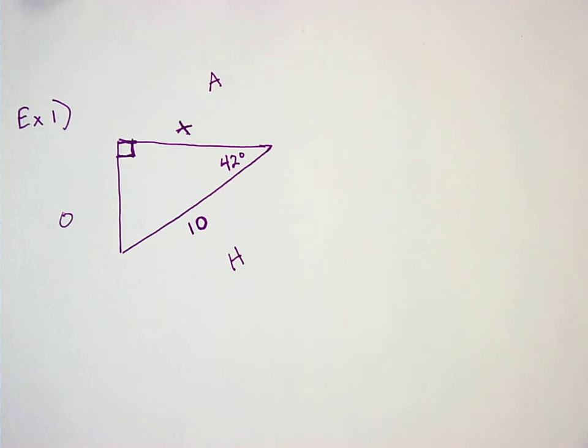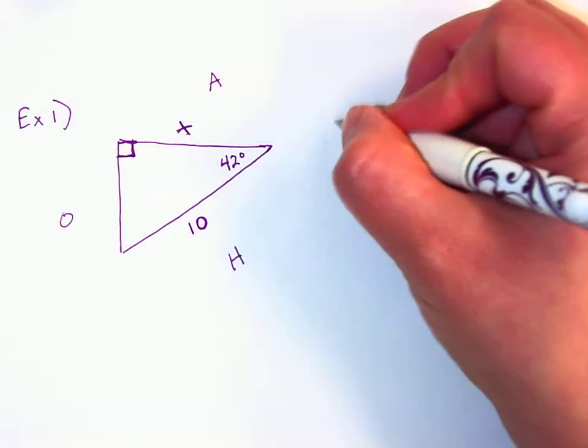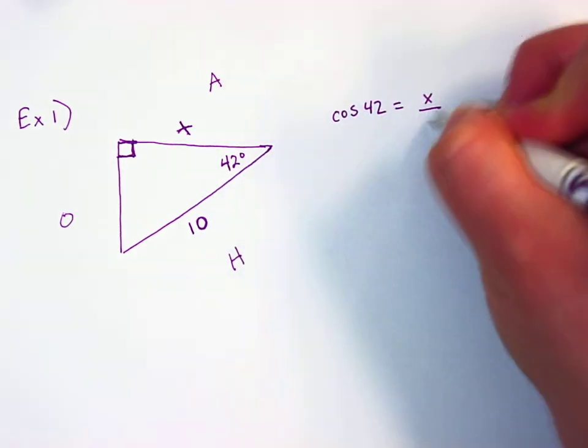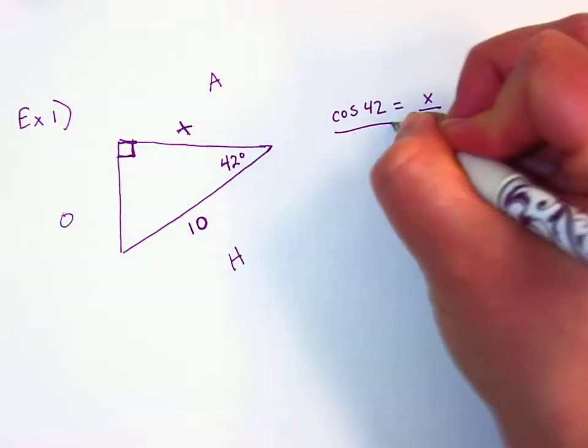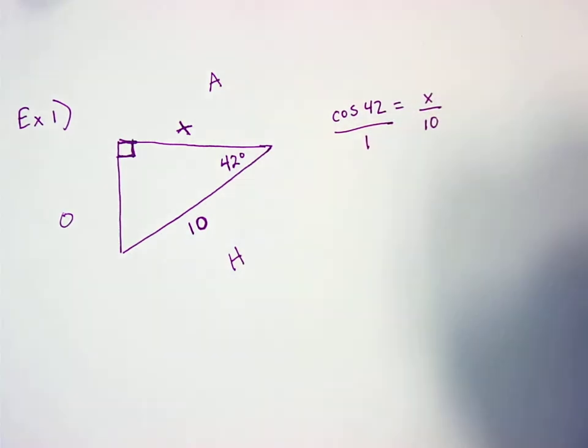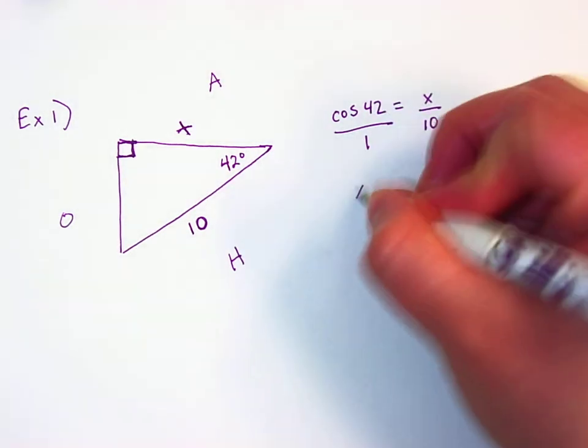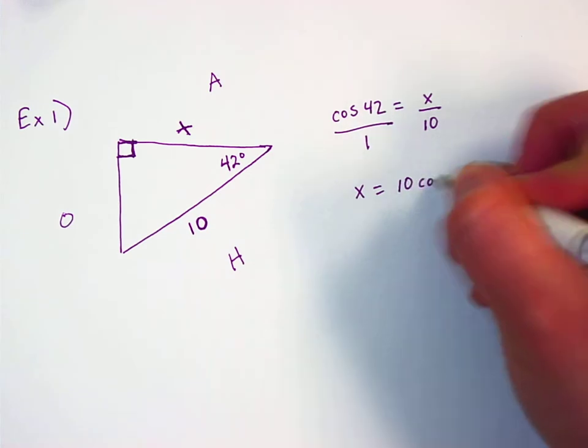So then it was x over 10 is cosine 42, and then I just typed in 10 cosine 42, and I figured out it was like 7.431. Oh, okay. So, yep, you cross multiply, you get x equals 10 times the cosine of 42.